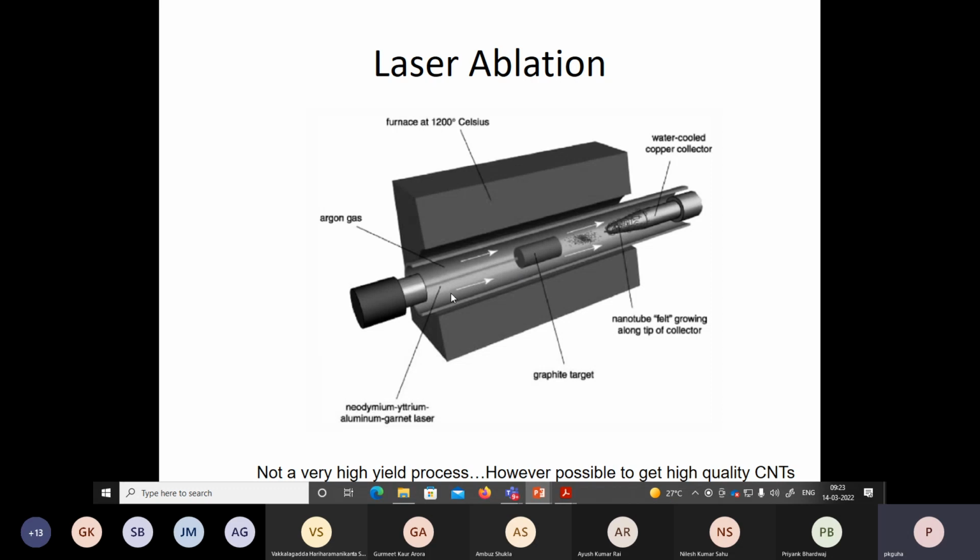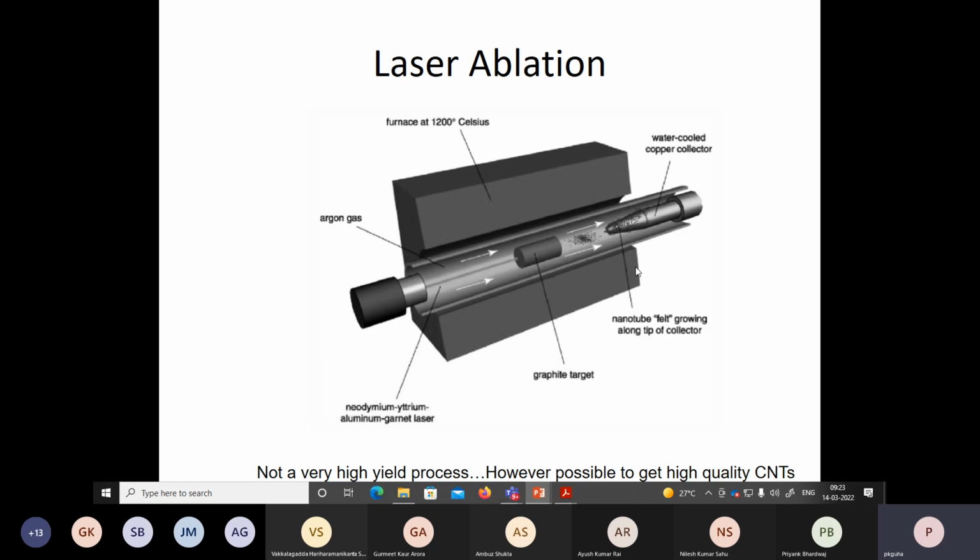And this argon gas takes this graphite particle to a water cooled copper. Okay, so this is the water cooled copper. When this graphite particle is deposited on the water cooled copper, it was found that it forms a carbon nanotube.